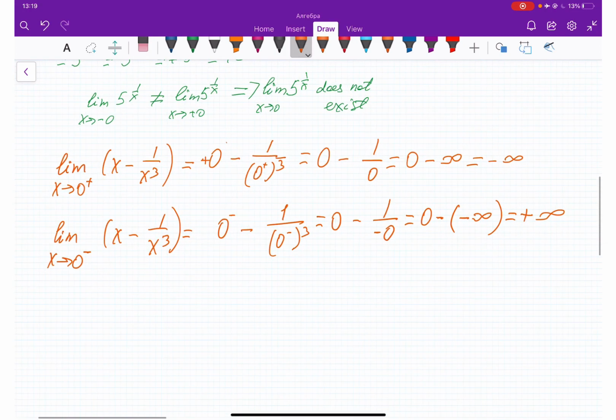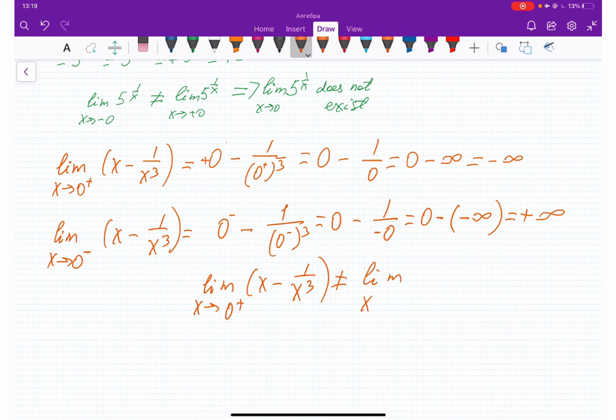And because the two are not equal to each other, it's diverging, which means the limit as x approaches 0 from the positive side of x minus 1 over x cubed is not equal to the limit as x approaches 0 from the negative side of x minus 1 over x cubed.